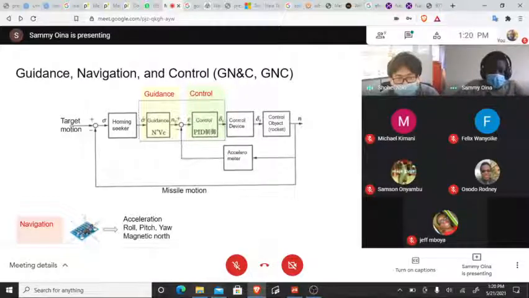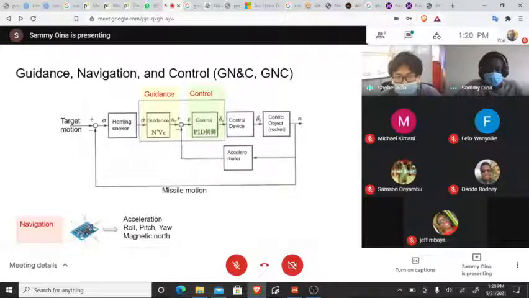So what is guidance? This is a book about missile design. Can you see the homing seeker? What is a homing seeker? It tracks the target, like an airplane or ship, to track the position of the target. Then the guidance system or guidance law decides which position the missile should go to next.